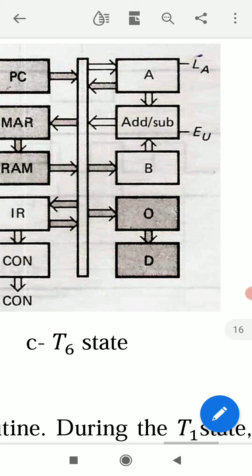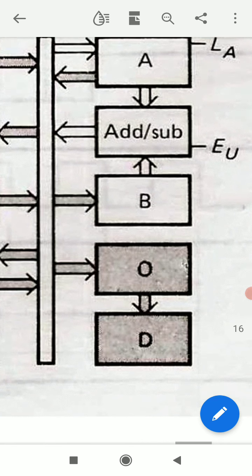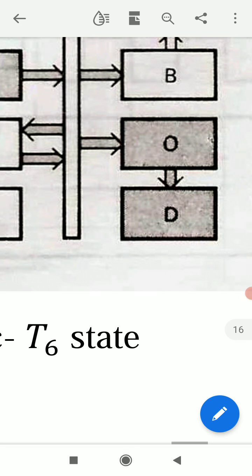So this is the change in T6 state for subroutine. Only this, that in this adder subtractor we must have SU active for subtraction. That means SU must be 1 during this T6 state.